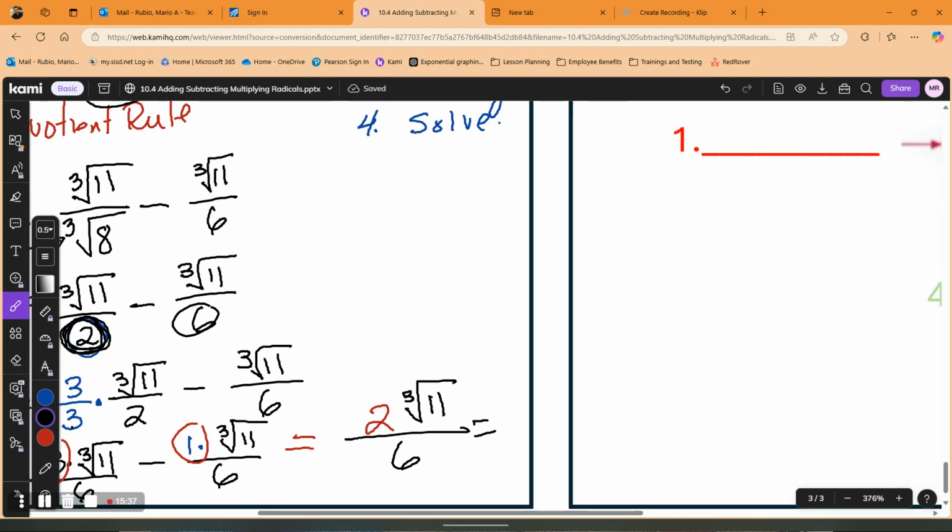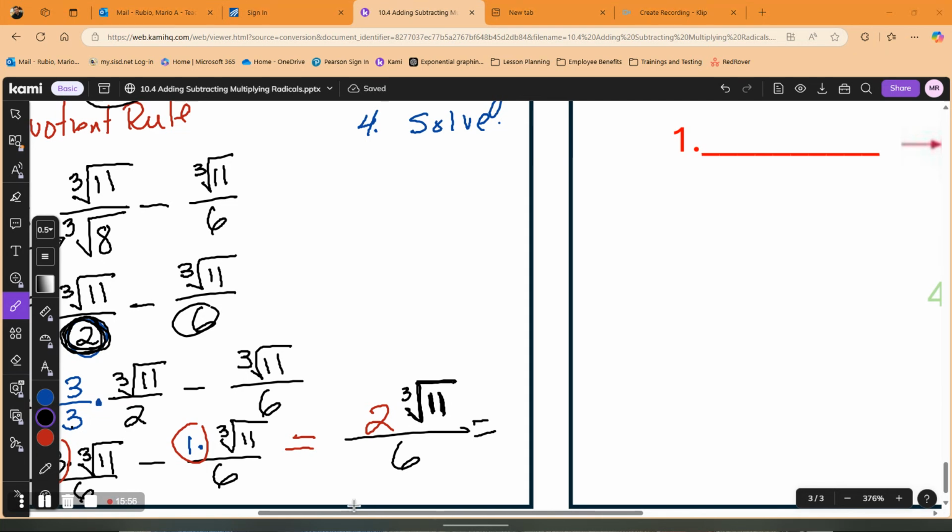Remember, this little 3 right here is telling us to operate on the 11 in the radical, not a multiplication between 3 and this 2. It does not mean multiply there. This little 3 belongs with this little symbol, which belongs with the 11.